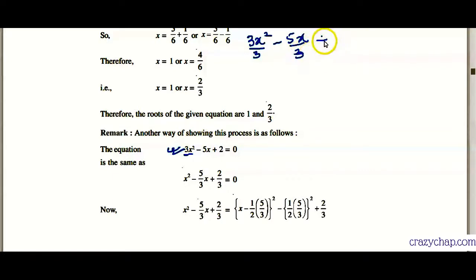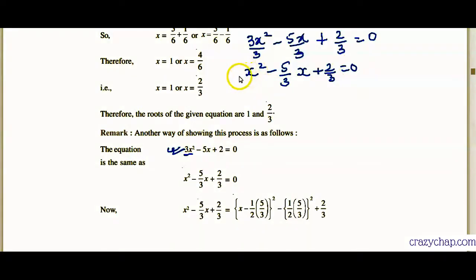So I'm dividing all the terms by 3, plus 2 over 3 equal to 0 over 3, which is 0. By doing so we get x square minus 5 over 3 x plus 2 over 3 equal to 0. Right, guys? So this is in the form where the x square coefficient is 1, which we wanted.